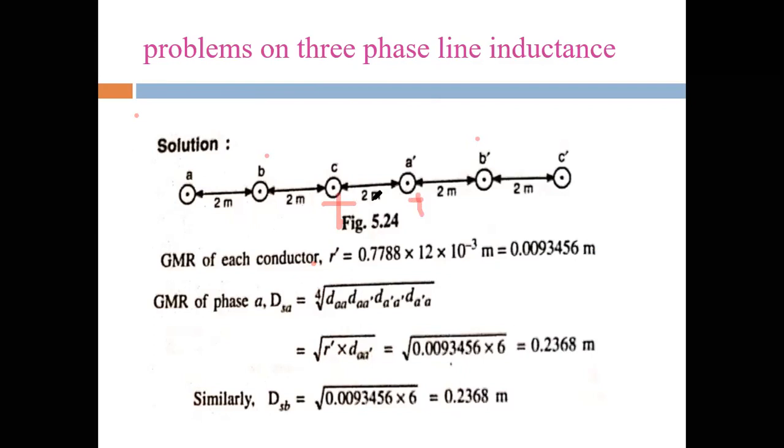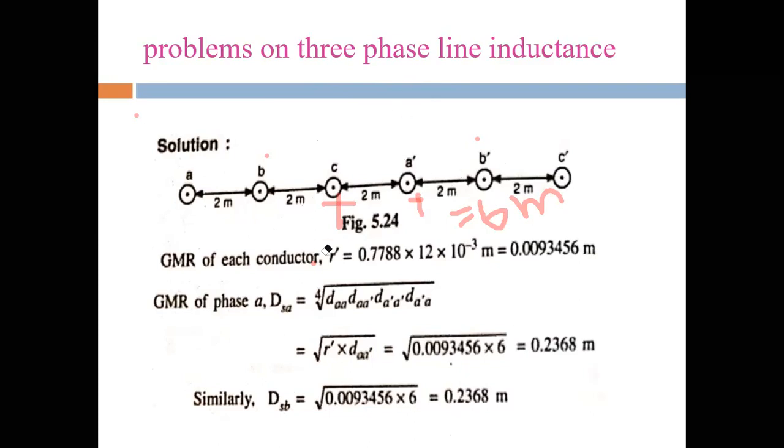So 2 plus 2, 4, 4 plus 2, that is equal to 6 meters. That is the distance between B to B dash. Then substitute: DSB is equal to R dash into 6 meters, where R dash is 0.009346.